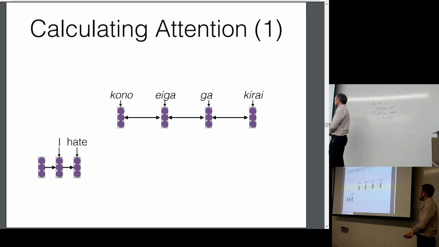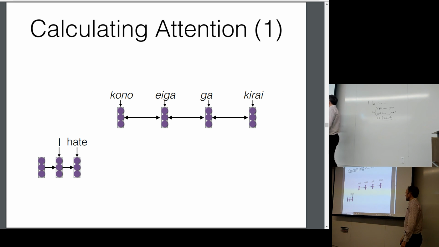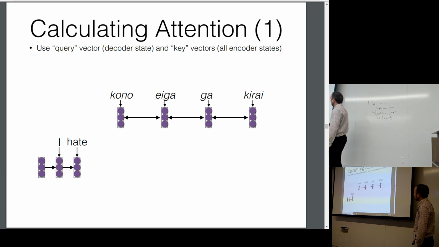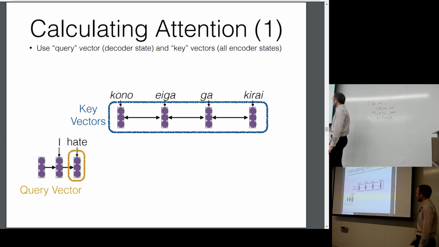So we have the RNN state here. We have vectors representing each of our words in the source sentence. And then based on this, we take a query vector. So this is basically the decoder state. And then we have a bunch of key vectors. These are basically the states for each word in the encoder.